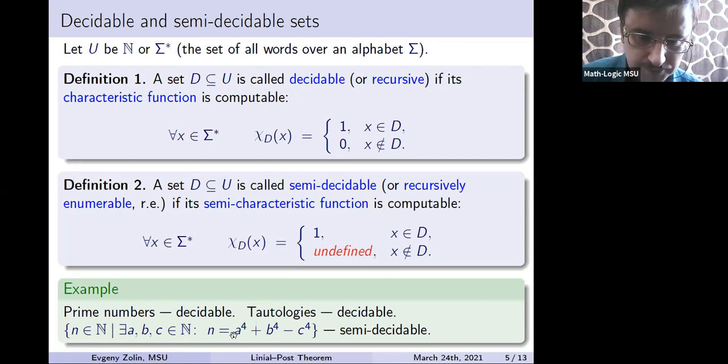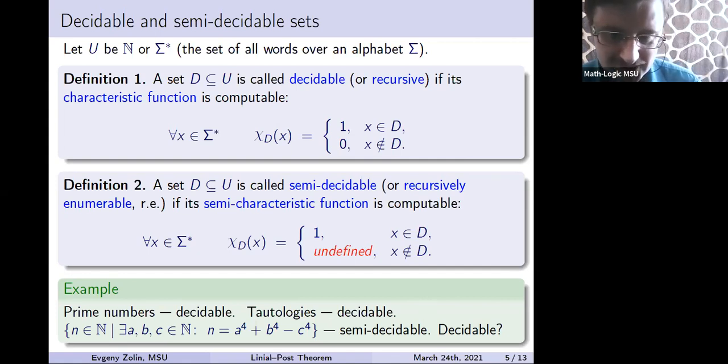So this set is, of course, semi-decidable. Is it decidable or not? It is not clear. Perhaps number theorists can prove that this is a decidable set, perhaps not. If we put here some arbitrary expression, it is not quite clear. So in general, it will be semi-decidable, and only some of them will be decidable.